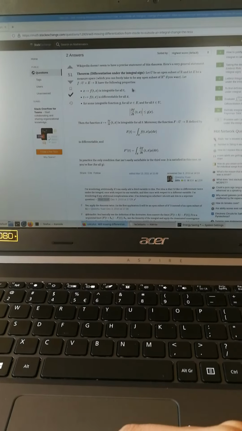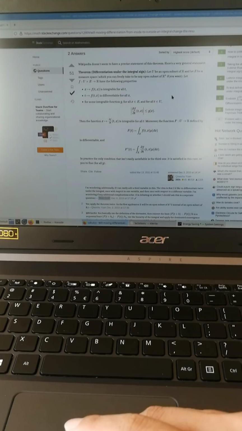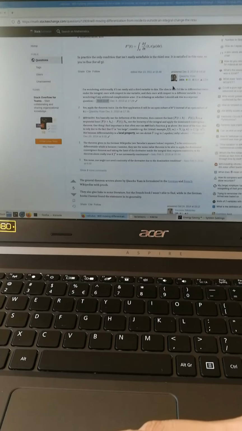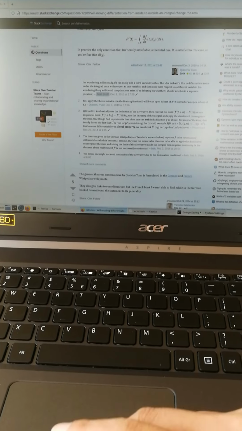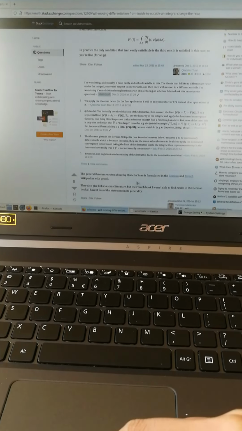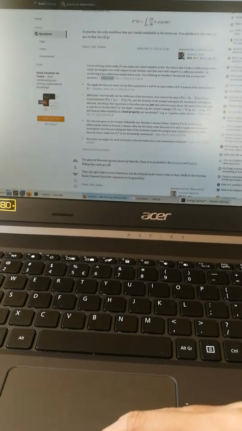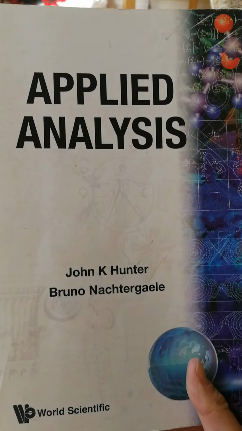That's the same thing as the book says. As for the proof, it's in the German and French Wikipedias. Or else learn some applied analysis and then you'll learn how to prove it.